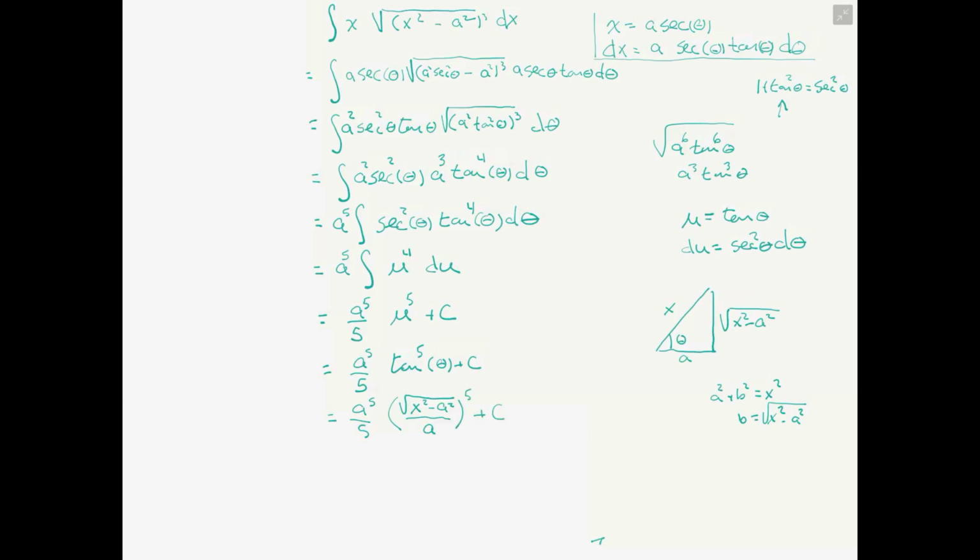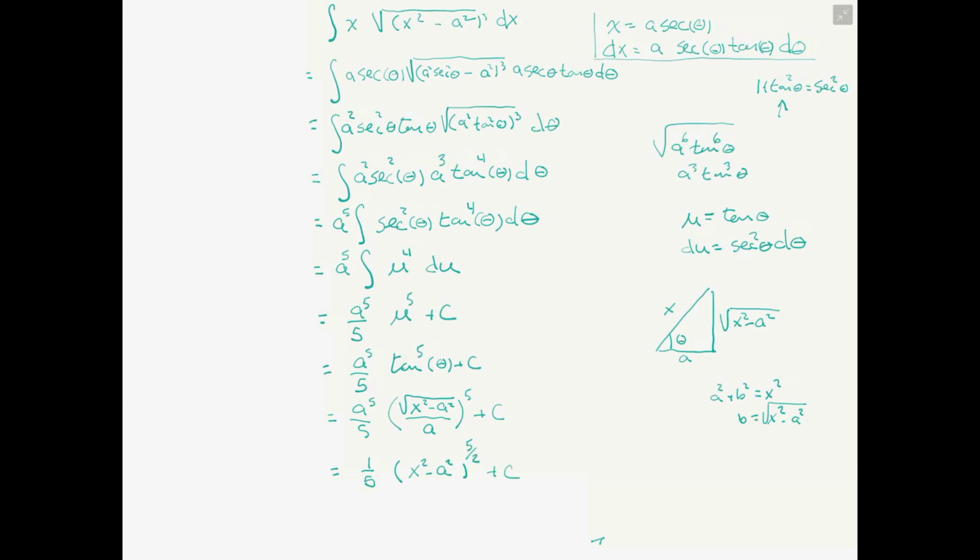Now we can reduce that using algebra. And so that's 1/5 times x squared minus a squared to the 5/2 plus c.